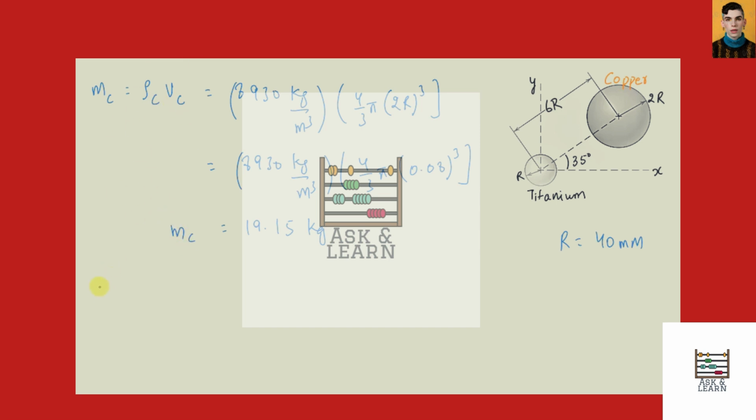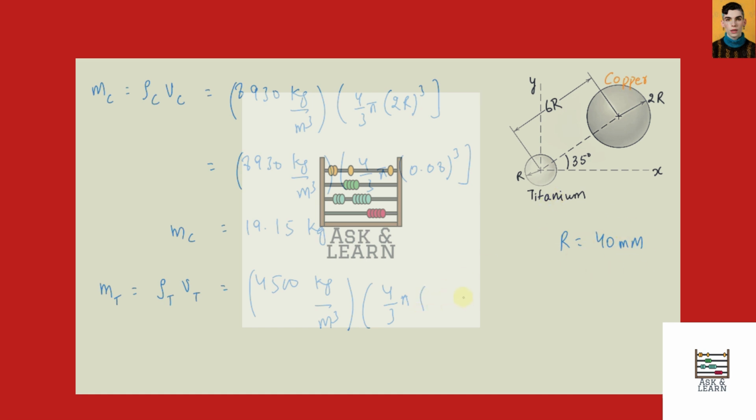Similarly, we'll be calculating the mass of titanium, which is given by the density of titanium times the volume of titanium. So the density of titanium we have 4500 kg per meter cube times 4 by 3 pi r cube. Here the radius is r only, that is 40 mm.